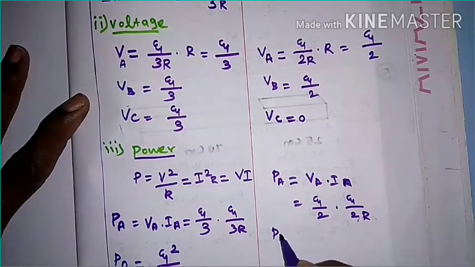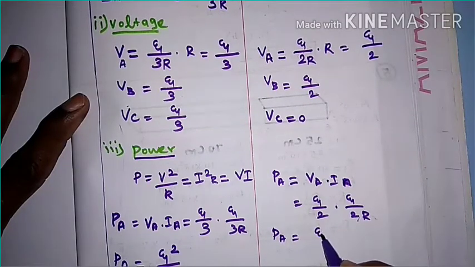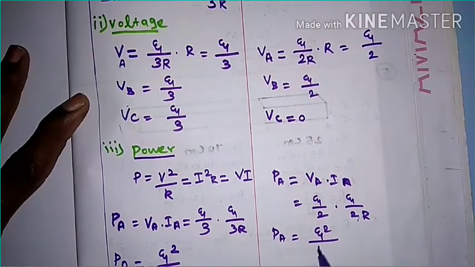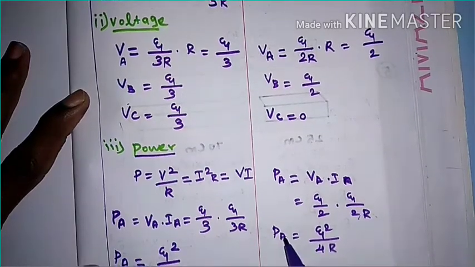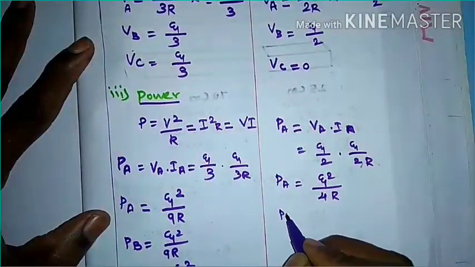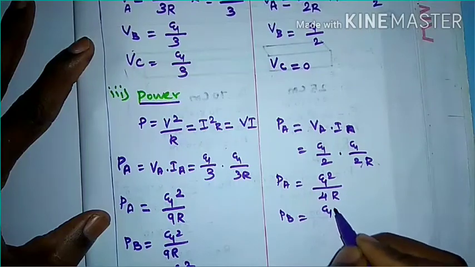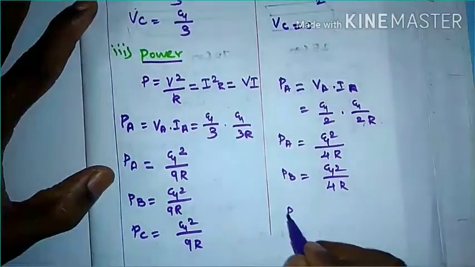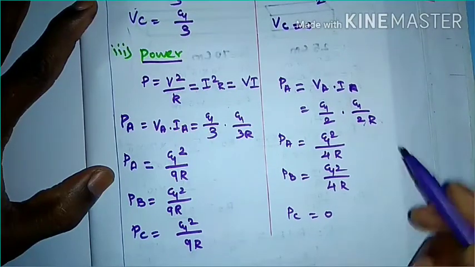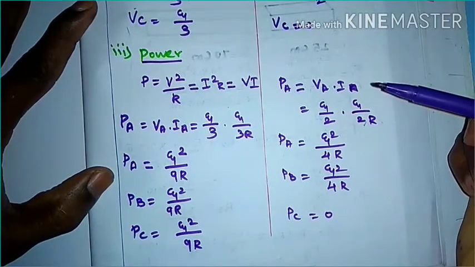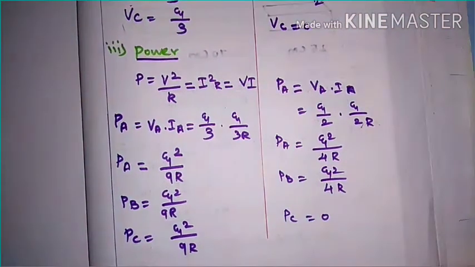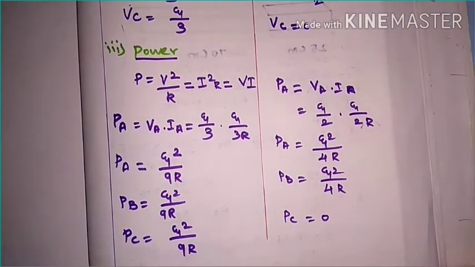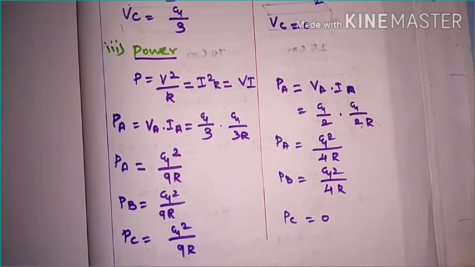Therefore the power PA is equal to psi square by 4R. Similarly PB is also the same value, psi square by 4R. But P is equal to 0 for the third resistor because V is equal to 0 and also I is equal to 0. Do you understand, students? It is the simplest formula. And finally, what about intensity?